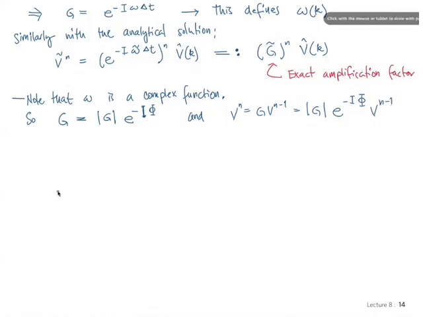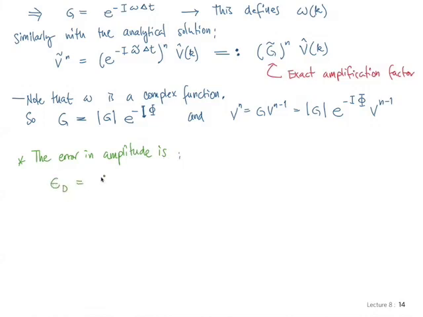So now, the error in amplitude, error d, is equal to G over G exact. And this represents the diffusion or dissipation error.